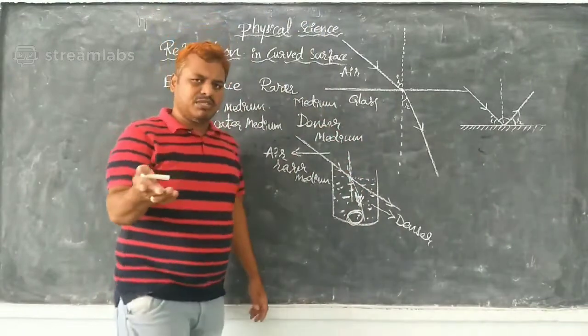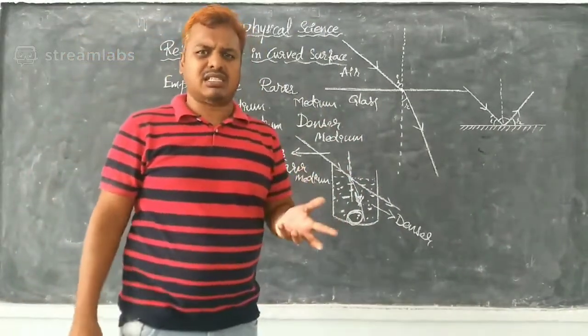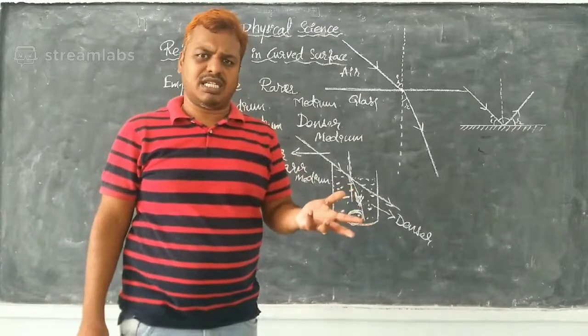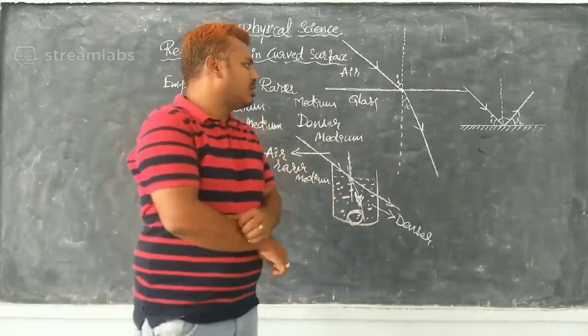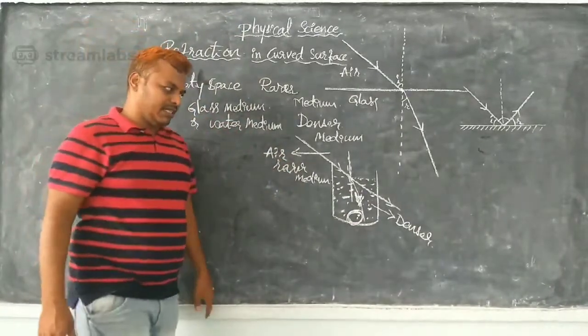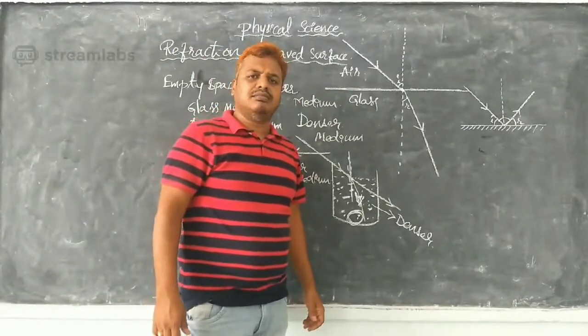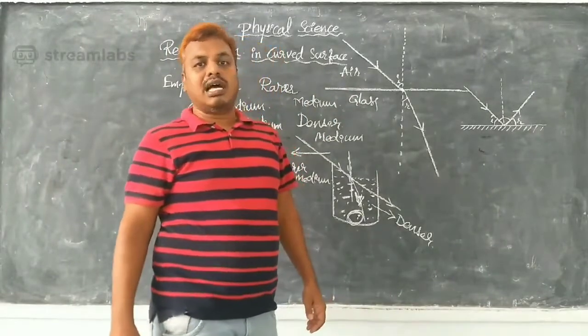There are other mediums also, gold or metals. Through metals also the light rays will travel, right? There are different materials available, but for now it is air medium, glass medium and water medium.